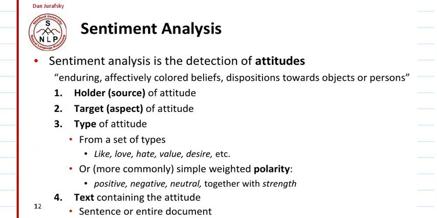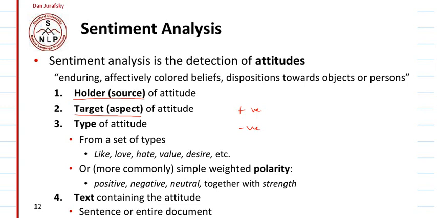Sentiment analysis can be done in respect of who is having that attitude, that is the holder of the attitude, or the target, like the person or object that is the target of that attitude. Similarly, we would like to go into more detail on the type of attitude, and then we can put positivity and negativity into a much higher number of grades.